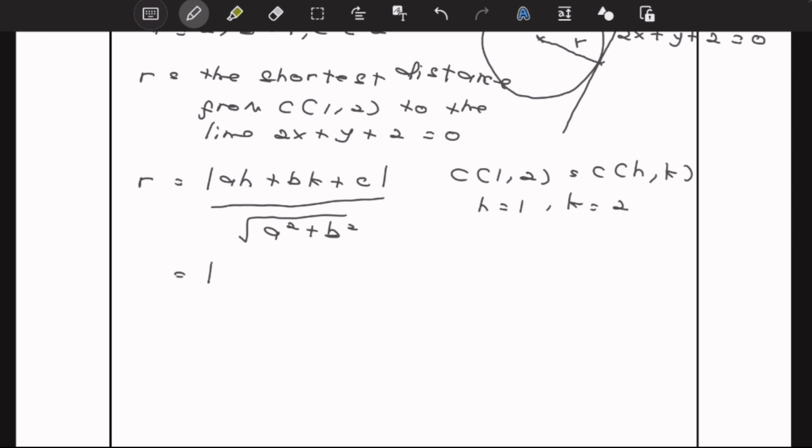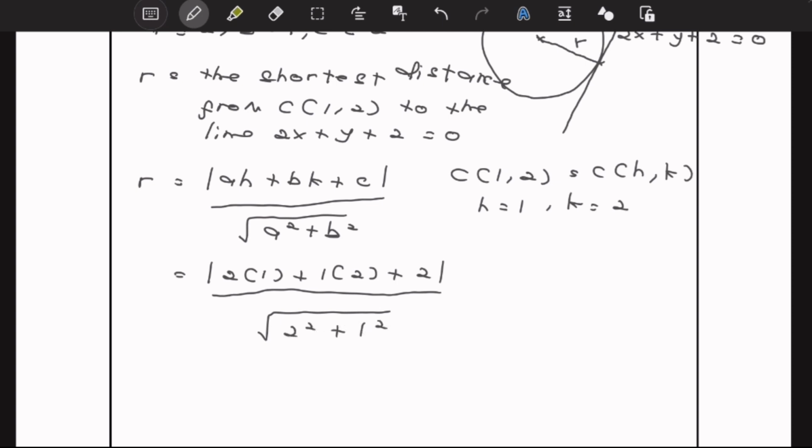So the modulus of 2 multiplied by 1 plus 1 multiplied by 2 plus c equals 2, divided by the square root of 2 squared plus 1 squared. Calculate the value, so we get 6/5.